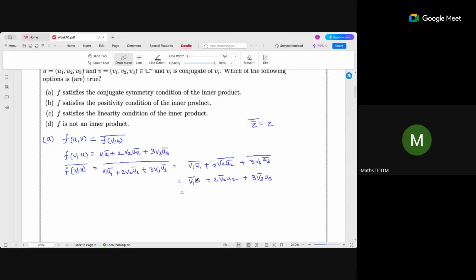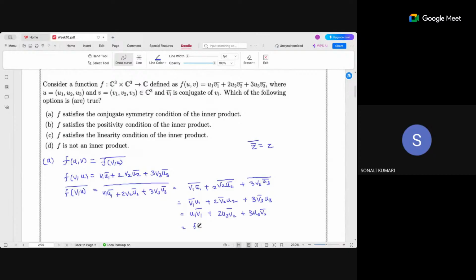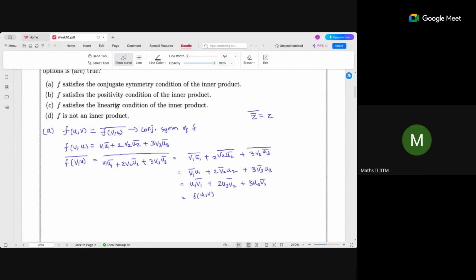Multiplication of two complex numbers does not change when we change the position, so I can rewrite them, and this is nothing but f of u comma v. So does f satisfy the conjugate symmetry condition? Yes, this property is the conjugate symmetry of f and it is satisfied.